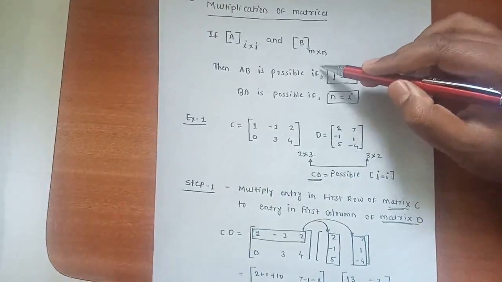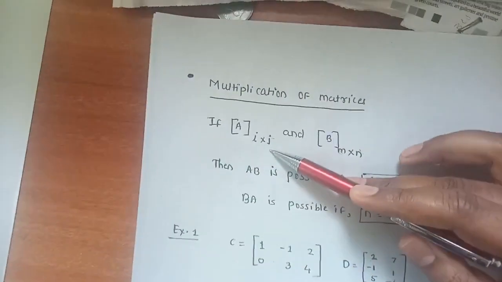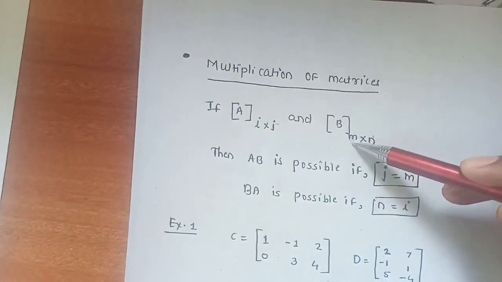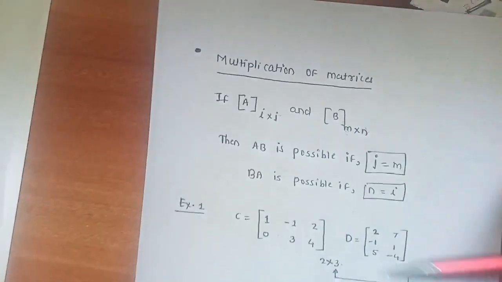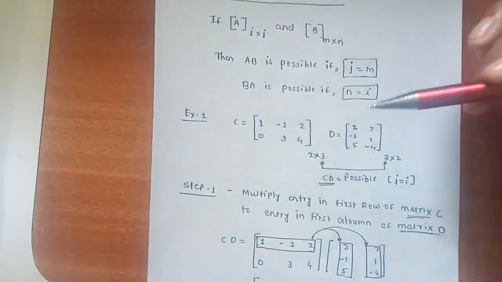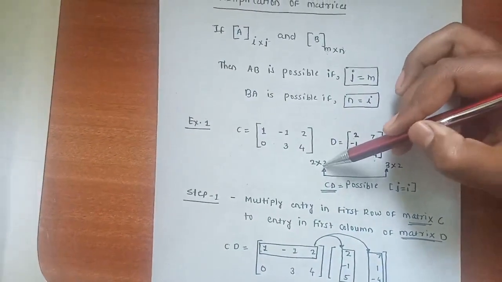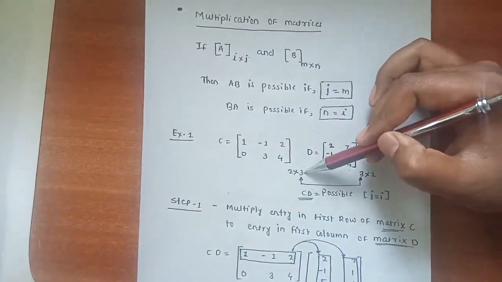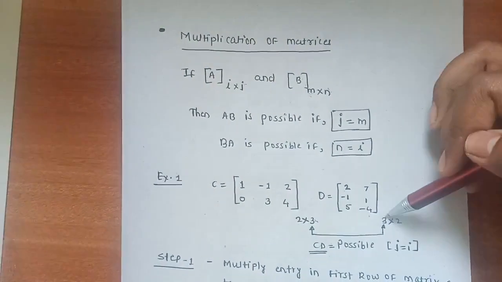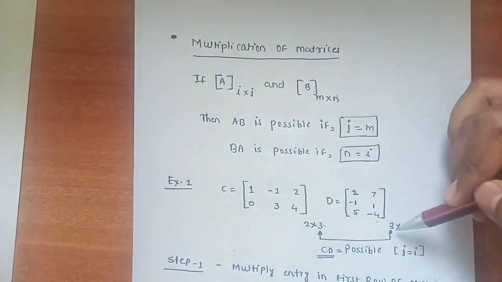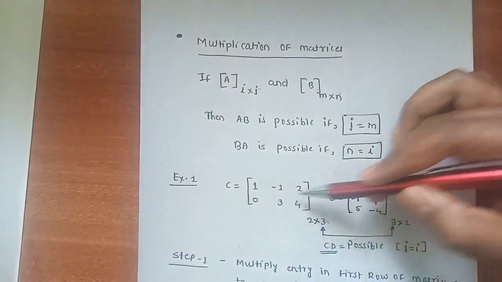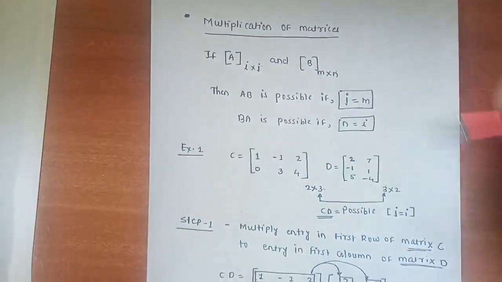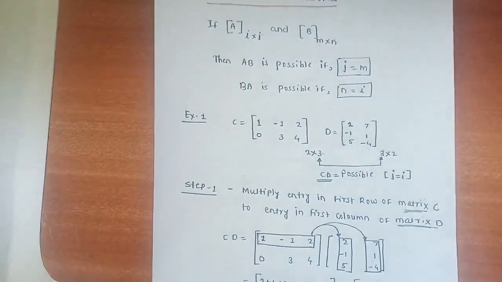What I explained is that the number of columns of the first matrix should be equal to the number of rows of the second matrix. How many columns are there in the first matrix? 3, because the second number indicates the columns. 3 columns, and how many rows here? 3. That means the columns of this matrix equal the rows of this matrix.